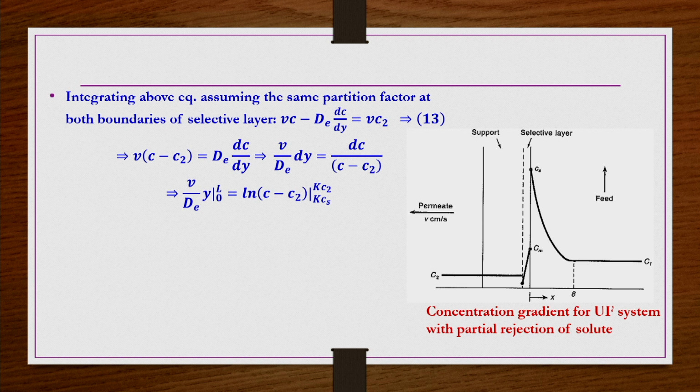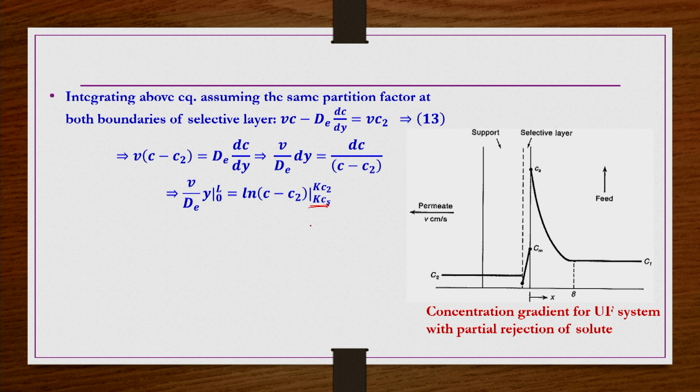The limit at y equals 0 is the membrane surface towards the feed side. At the membrane surface, on the top surface the concentration is Cs, but now we are assuming the partition factor for both the boundary layers of the selective layer. So, K has to be multiplied. So, K Cs, and then towards the inside, the other side of the pore. So, that is here in this pore, this side. Now, this is the layer actually.